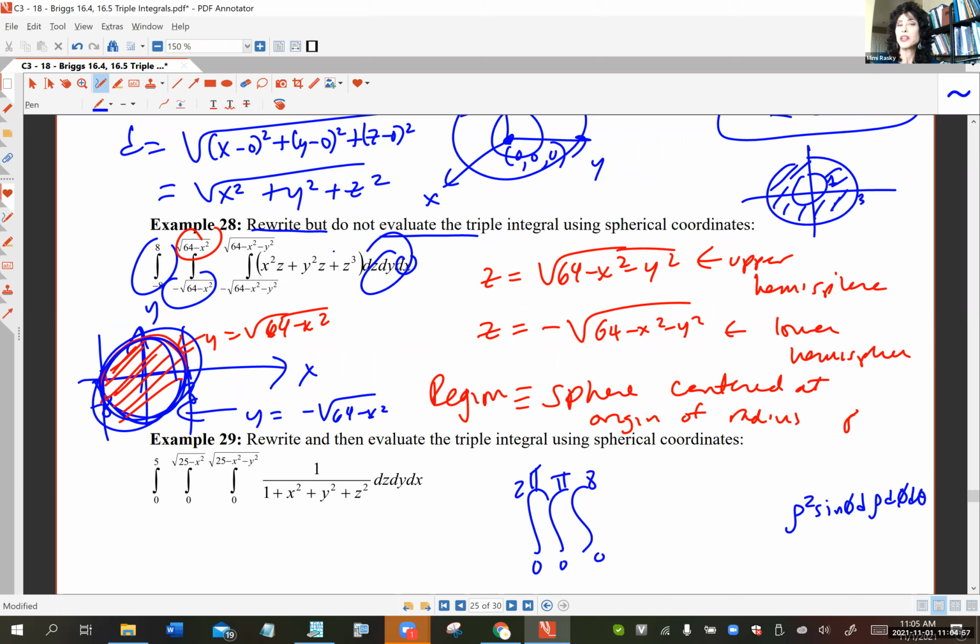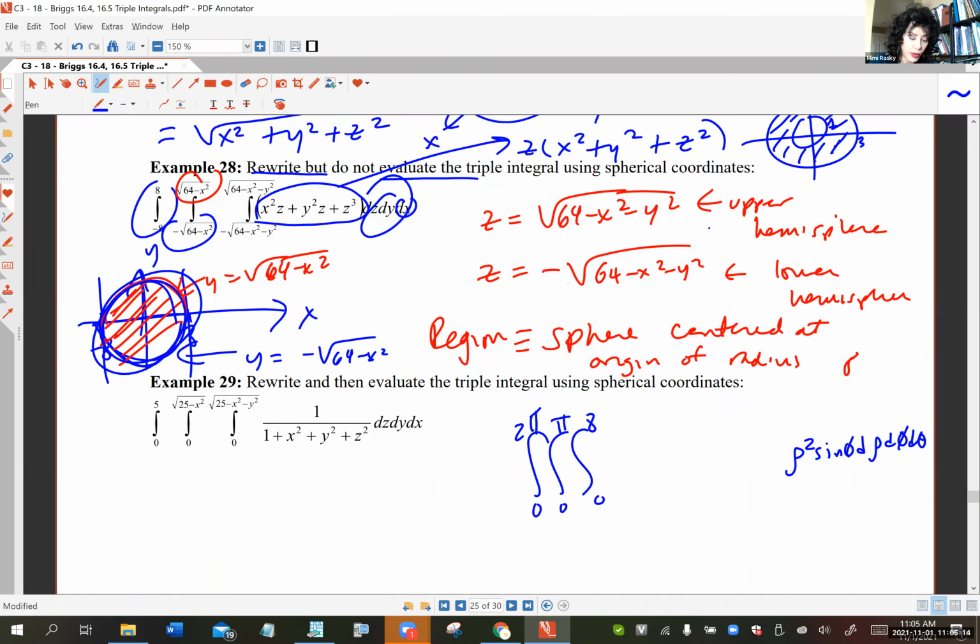Well, you could do all the appropriate conversion formulas, but I want you to notice something. Do you notice that z is a common factor? If I factor out a z from all three of those terms, the other factor is going to be x squared plus y squared plus z squared. So what? Well, you could replace z with rho cos phi, because that's what it is. And then x squared plus y squared plus z squared is simply rho squared.